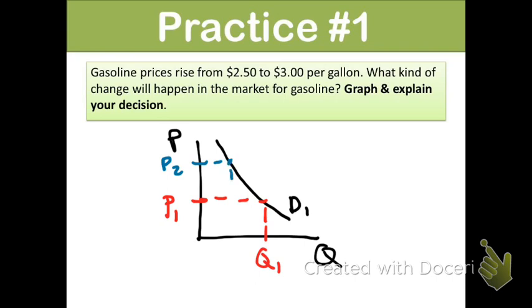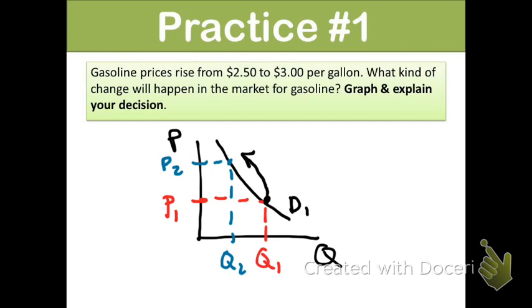And that means that my quantity 2 is going to be less than my quantity 1. And so what I'm showing here is that as prices rise, my quantity demanded is going to have movement up the curve, which is a decrease in quantity demanded. We must use the term quantity demanded because we're talking about a change in price.